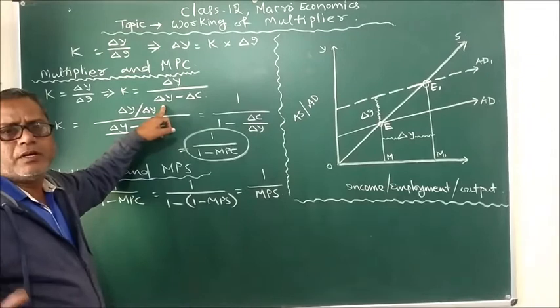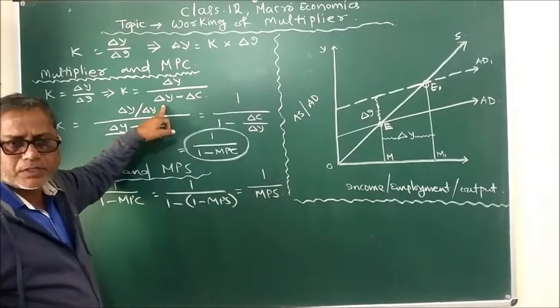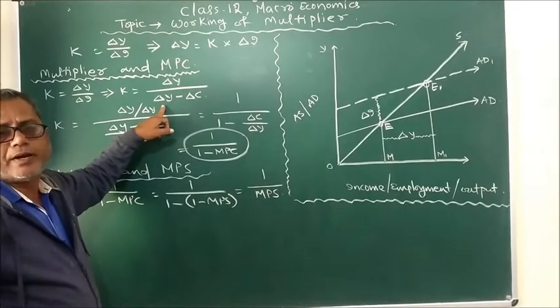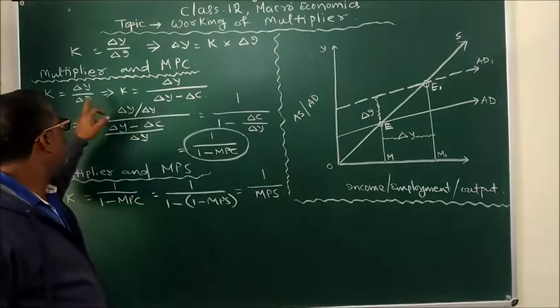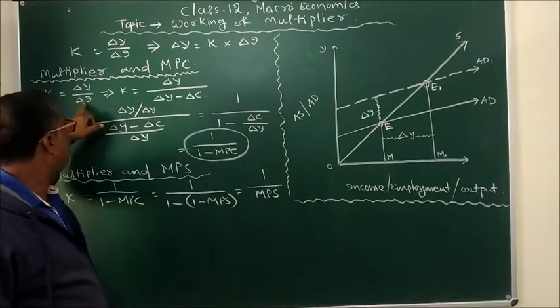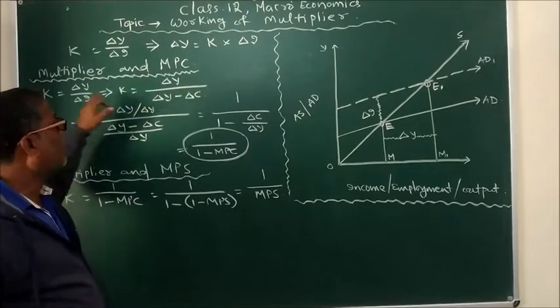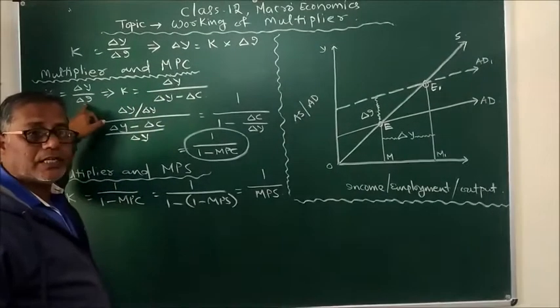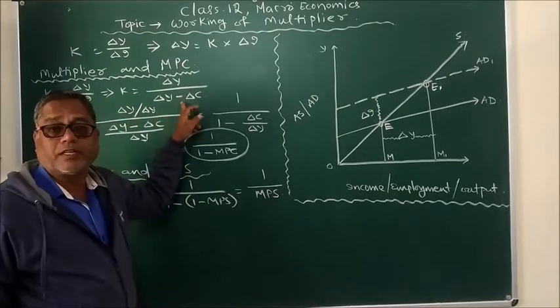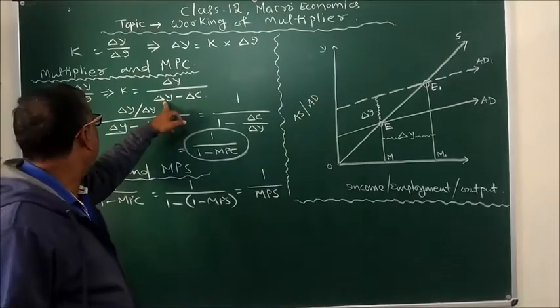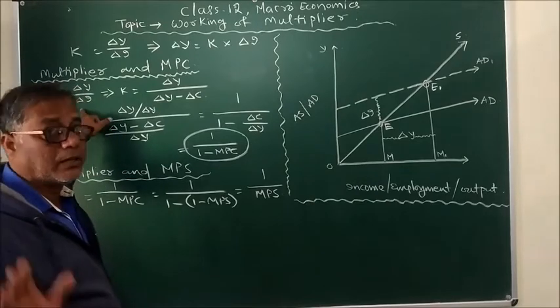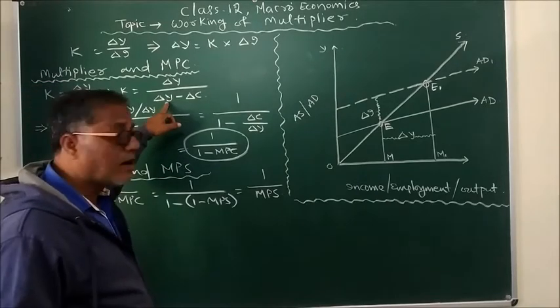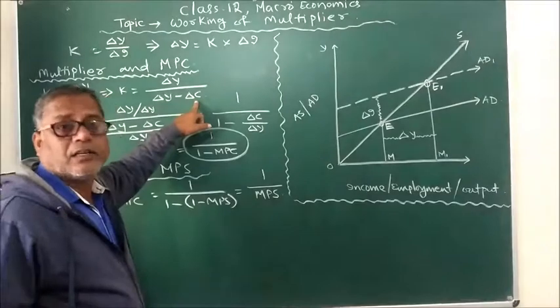Out of our income, some part we spend for consumption and some part we spend for investment. That's why in place of del I, we can write del Y minus del C. That is, change in investment is nothing but the difference between change in income and the change in consumption.